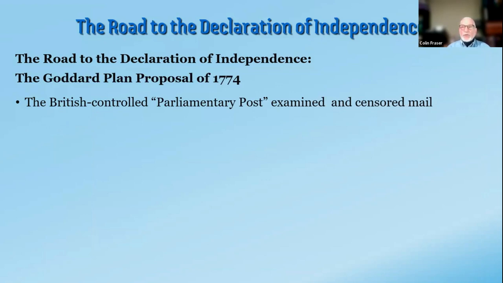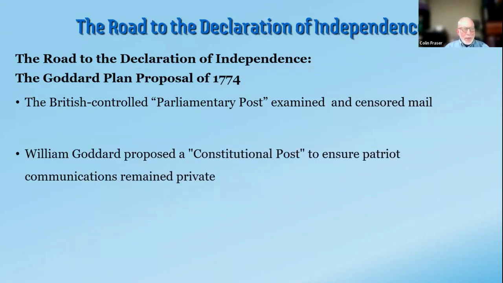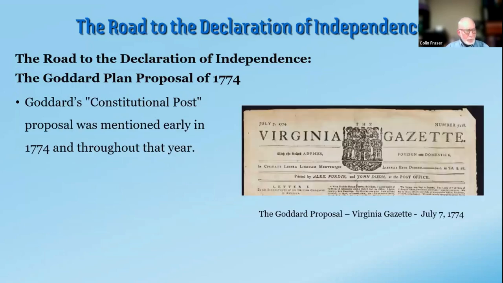It was a major concern among patriots in the colonies, and Goddard proposed a constitutional post to ensure that the patriots could keep their business private. Constitutional, by the way, doesn't have anything to do with the later Constitution of the United States. It was a term meaning sovereignty, meaning not being regulated by the British back home.